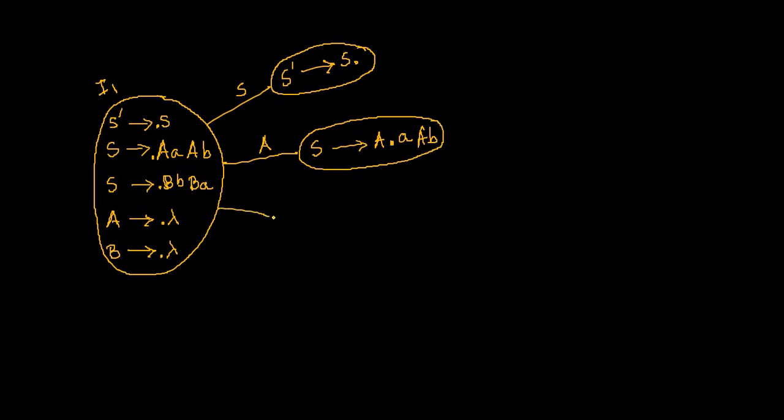Then if you explore capital B, it will become S to B dot B, and B to B dot a, again no closure. And you see this lambda doesn't have any significance with the actual string.